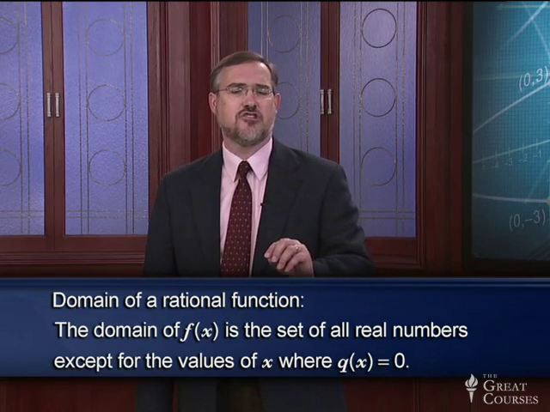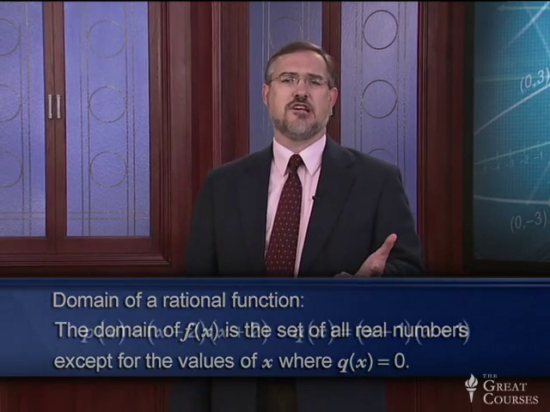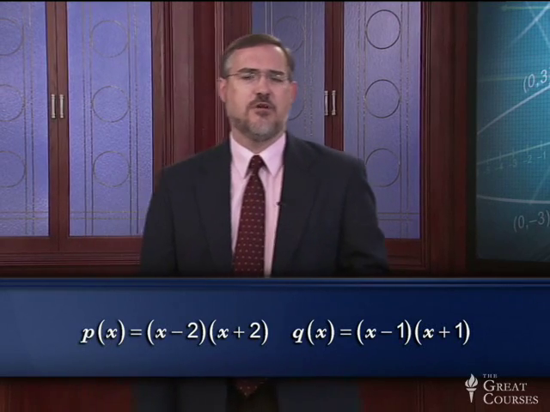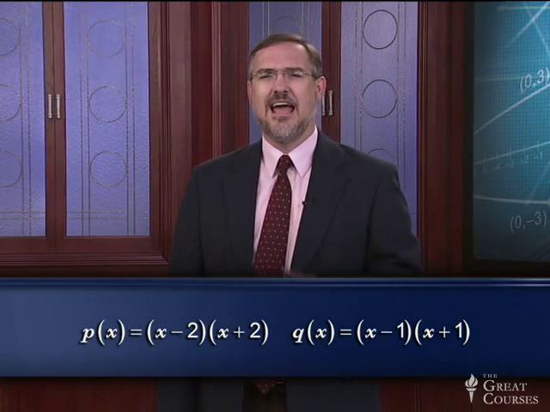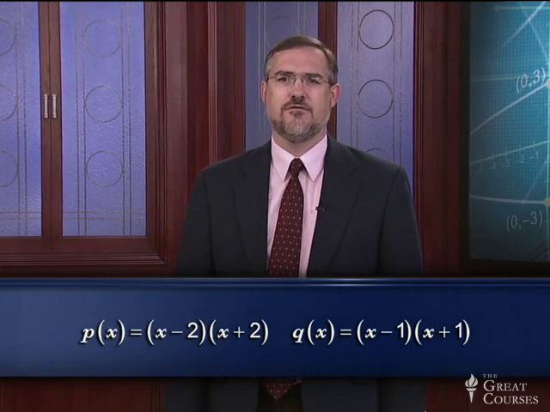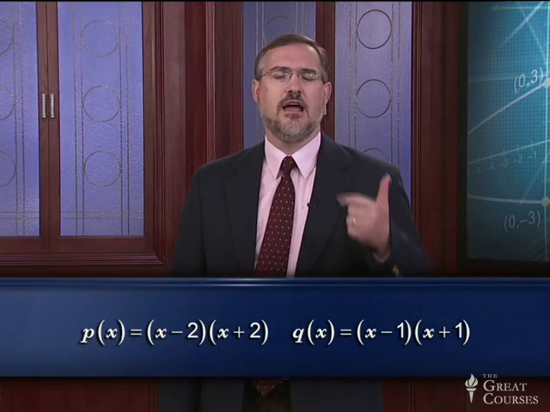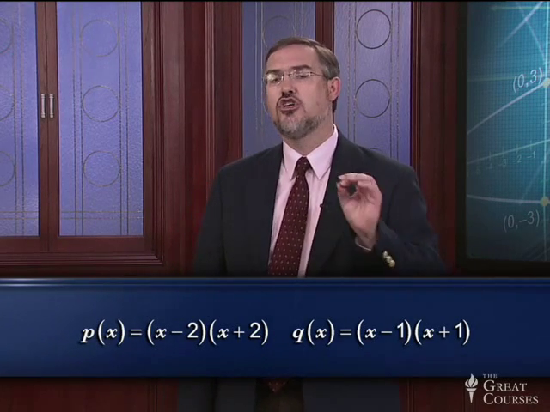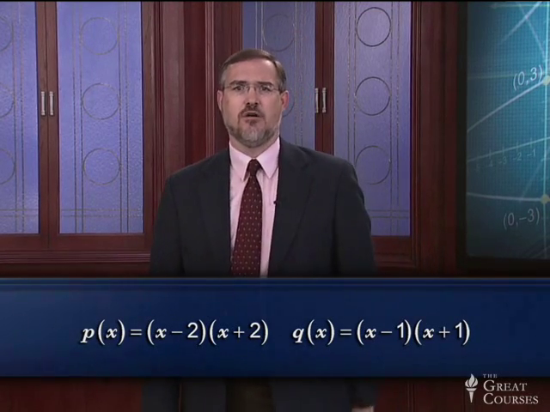So in the example I just completed, p of x was x minus 2 times x plus 2, and q of x was x minus 1 times x plus 1. And the values that we couldn't allow in the domain of the rational function were x equals 1 and x equals negative 1, because these were the two values of x where q of x equals 0.